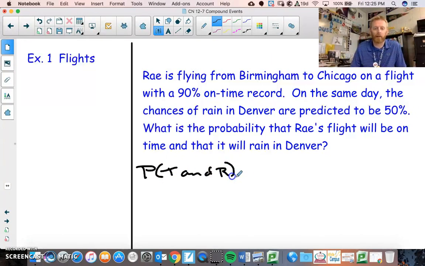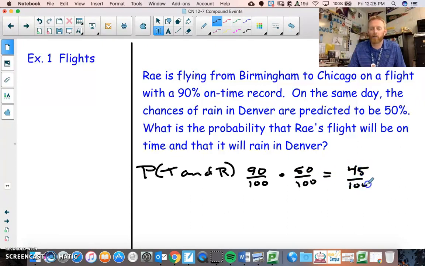I'm going to use R for rain. So that's going to be 90 over 100, and then we're going to multiply by 50%, which would be 50 over 100. And we're going to end up with a simplified answer of 45 out of 100.